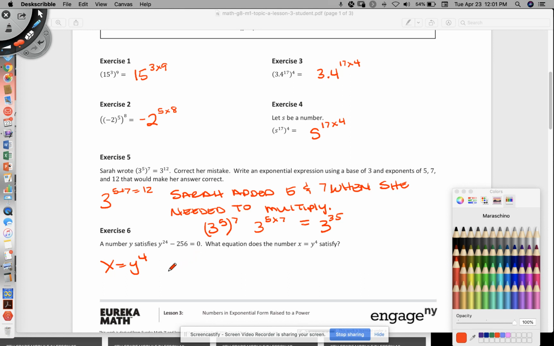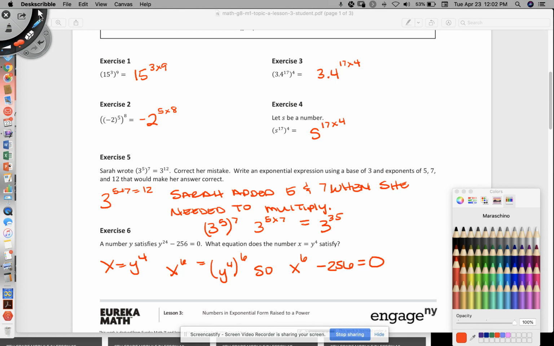So I know that if I did x to the 6th, I could then take y to the 4th and raise it to the 6th power. So x to the 6th minus 256 would give me 0. And there you go. I'm thinking of two numbers that would give me 24, so I did 6 and 4. And that gave me the 24. And so separating that out, x must be the 6.